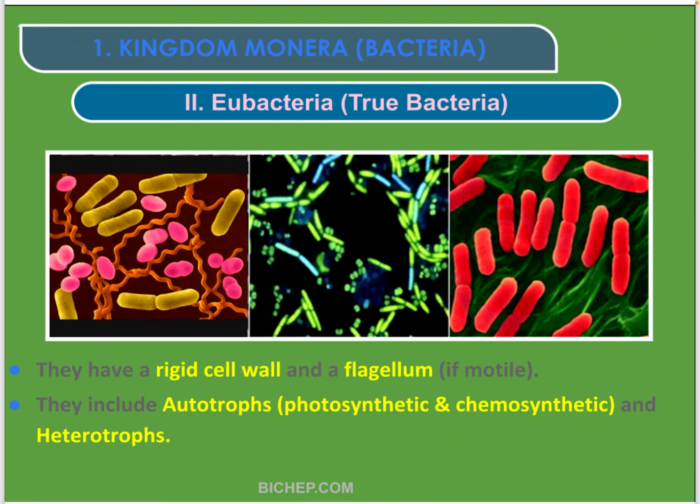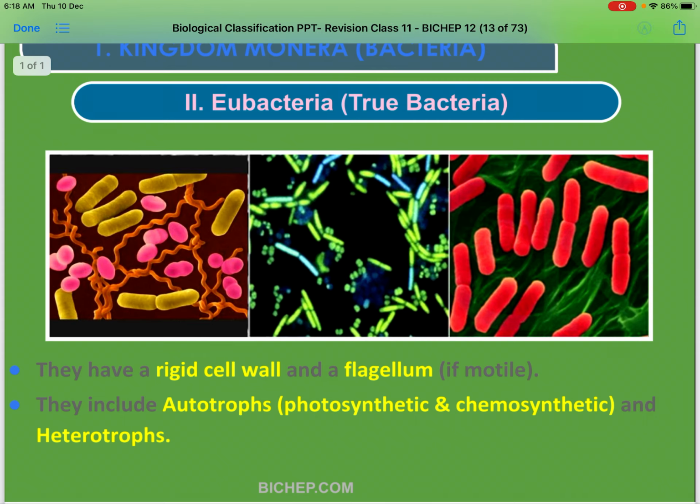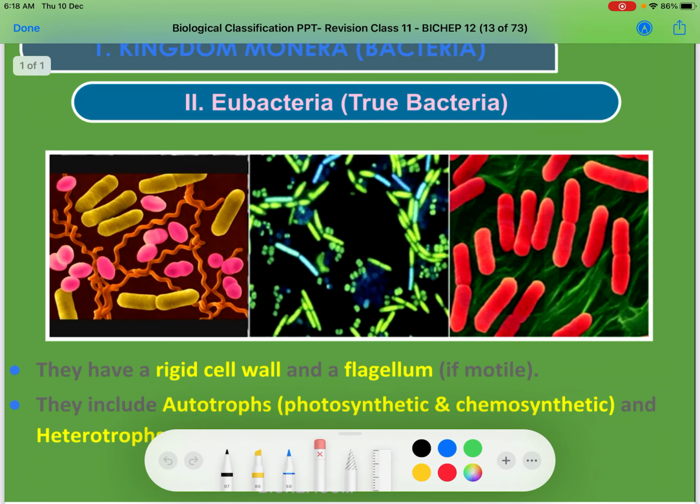Now about Eubacteria. Now they have very rigid cell wall and flagellum around the surface of the body. Now flagellum are not found in the bacteria which are immotile, that is cannot move from one place to the other.